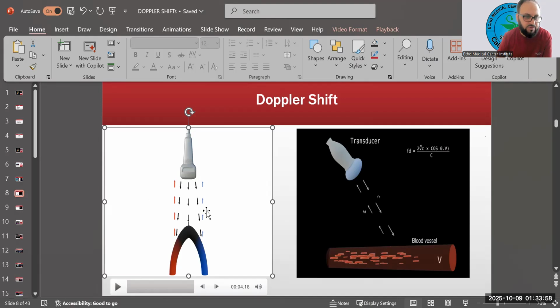I told him to make the red arrows a little bigger, thicker, and the blue arrows a little thinner, much smaller. So if you look here, there will be less frequency received on the blue, and on the red one, I will play one more time, there will be a little more. For example, if this probe is 6 megahertz, and the red one is a little thicker, you can see it, right?